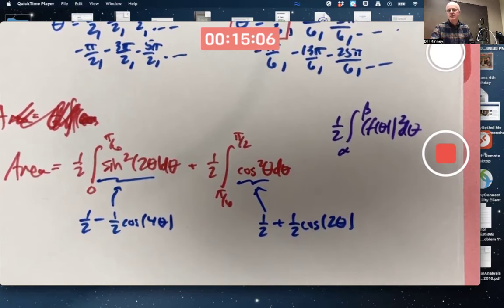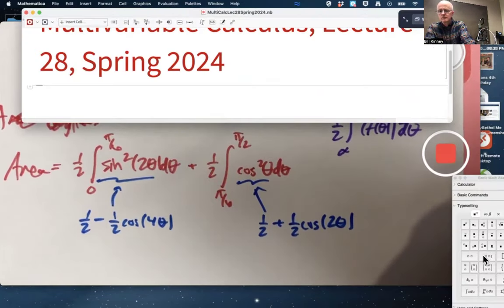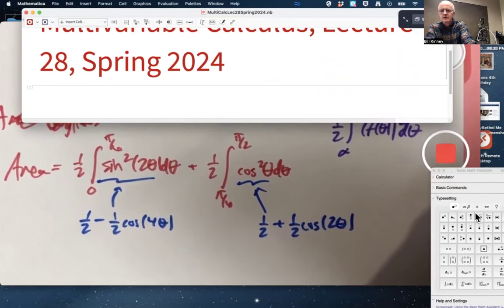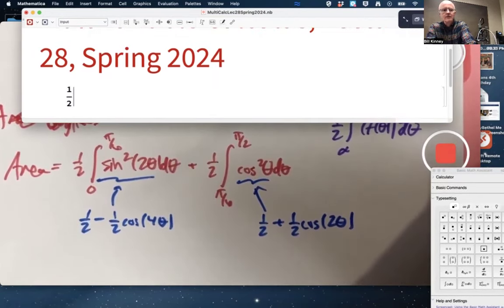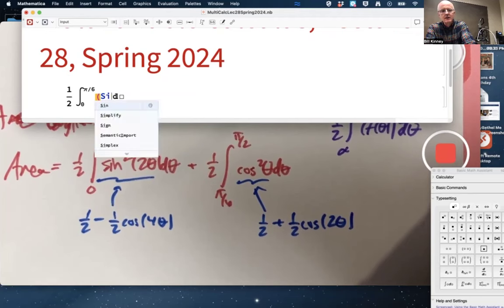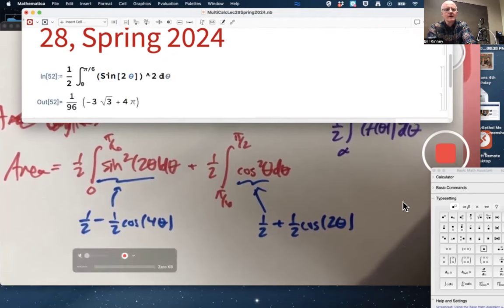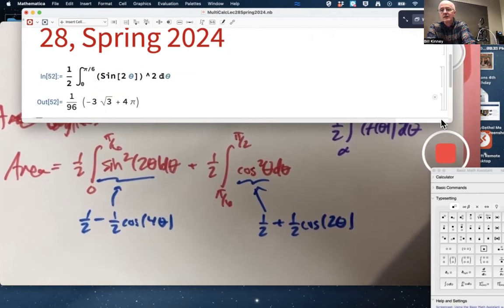And then we'll get the answer with Mathematica. Let's just do each integral individually as well. So the first integral, 1/2 integral from 0 to pi over 6. I'm going to type it in Mathematica. I should probably put the square on the outside. Kind of a complicated number, but there it is.